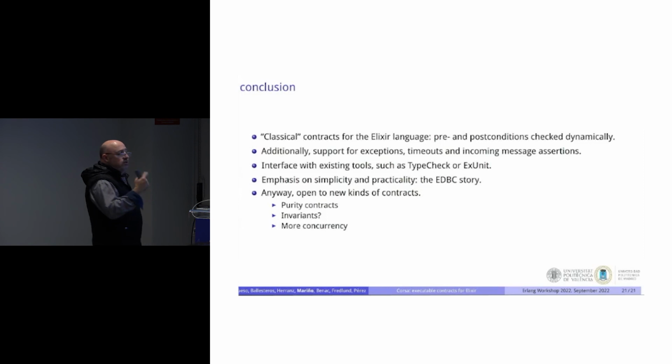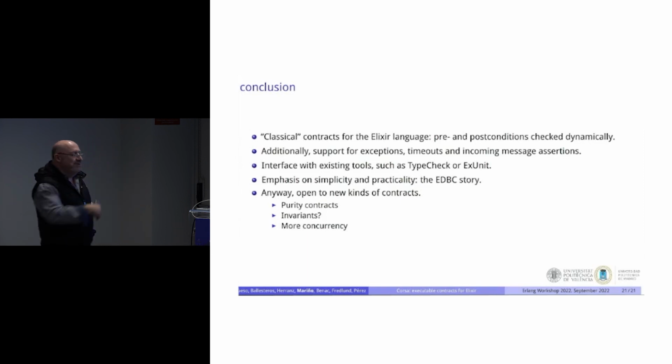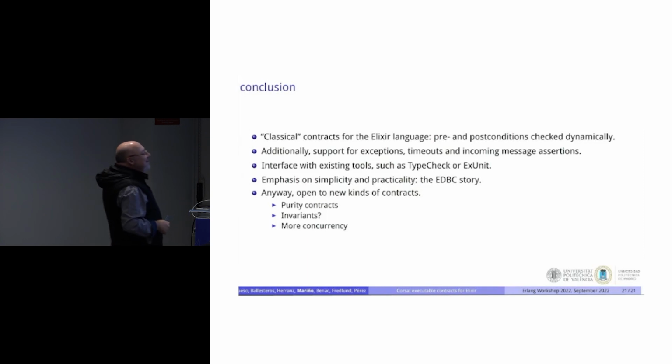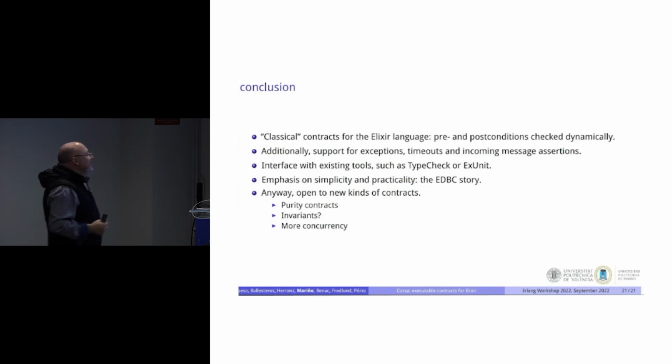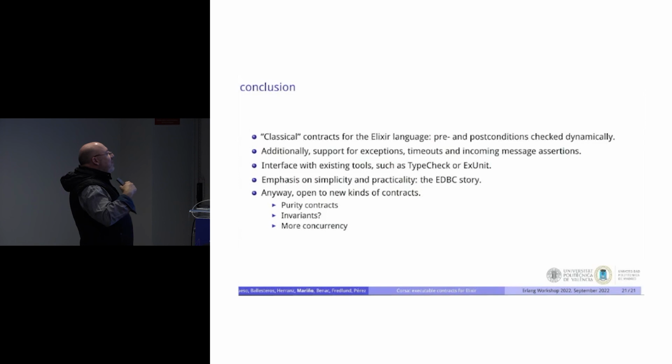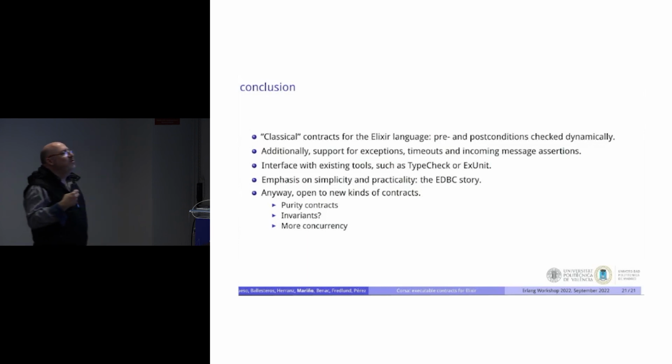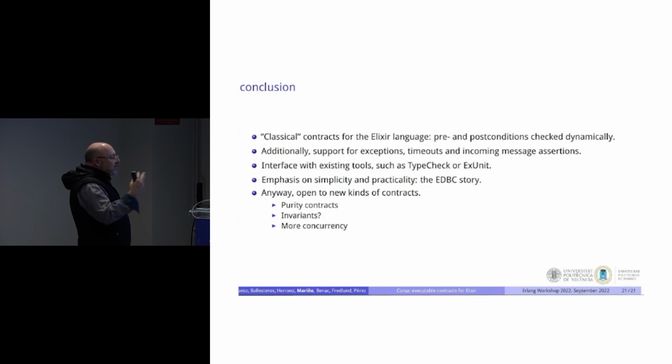Let's build on this, and let's just introduce more sophisticated contracts, multi-party session type checking or whatever, when they're actually needed. Anyway, of course, we're going to introduce some other contracts. So we're completely open to suggestions on what kind of contracts we would find useful in Elixir or Erlang.